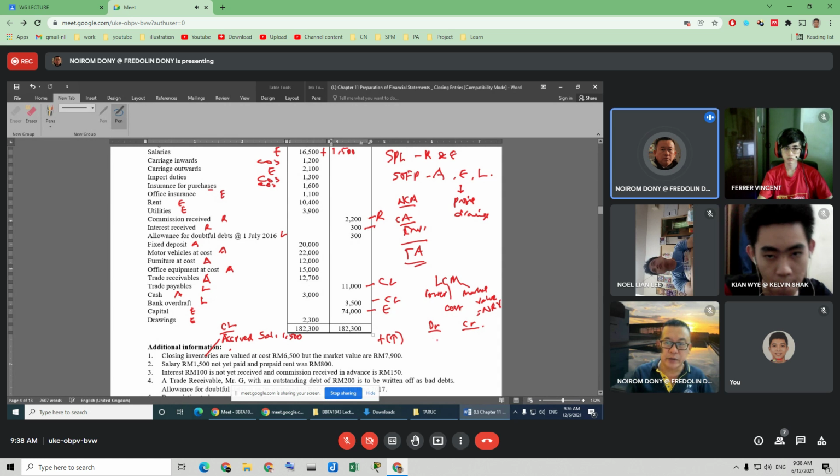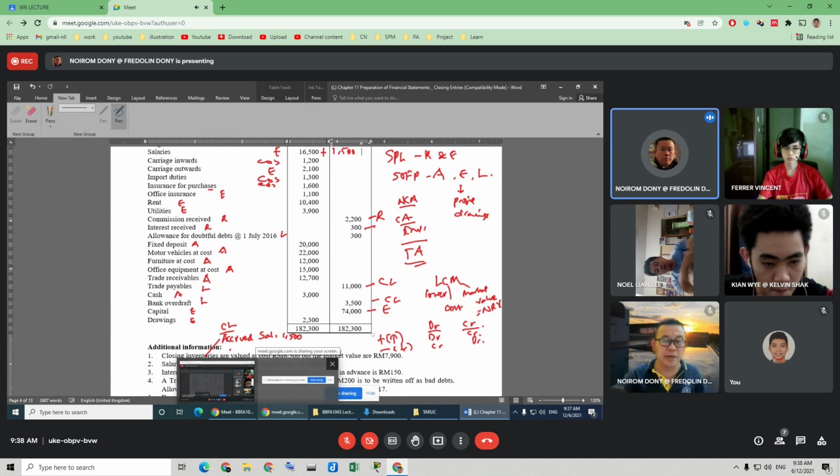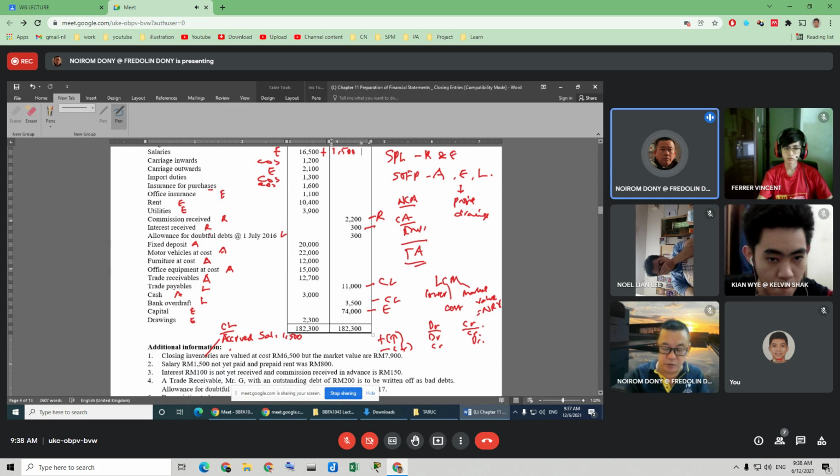So remember, increasing a debit item is a debit entry, increasing a credit item is a credit entry. But if it's minus, it's reducing. So if it's a debit item, we do a credit entry. And if it's a credit item, we do a debit entry. So that is the understanding. Can you get the idea?